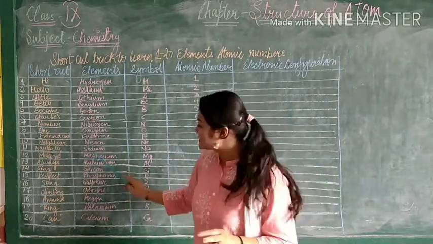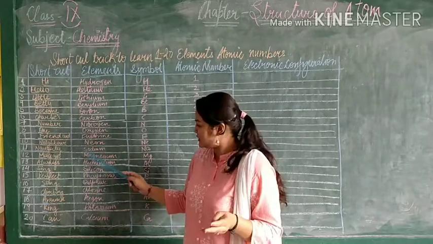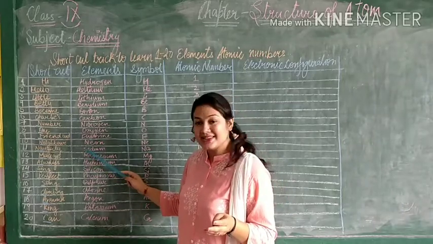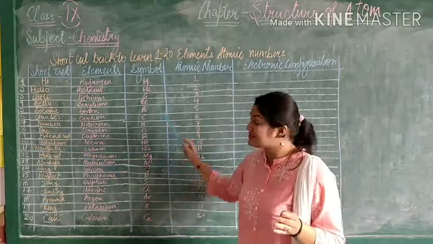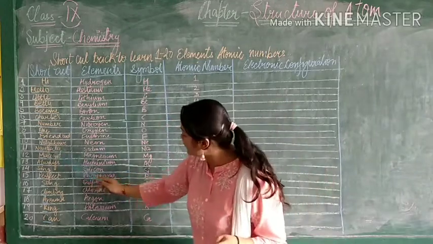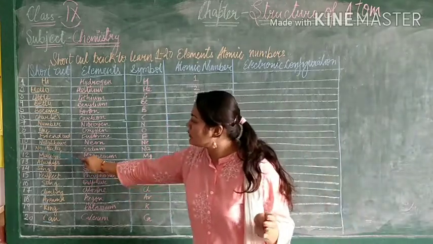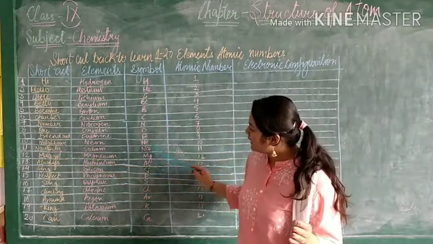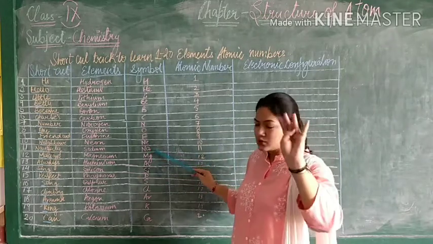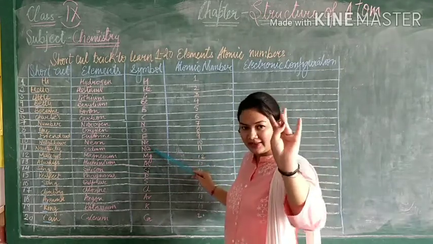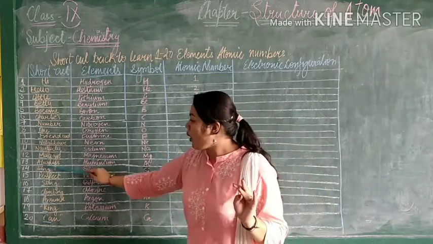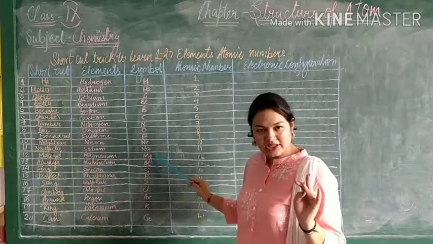Now, sodium starts with S, but the symbol is Na. So please learn the symbols, because this shortcut is related to the symbol. So now naughty is Na, and naughty comes on 11, that means atomic number 11. Maggie is Mg.